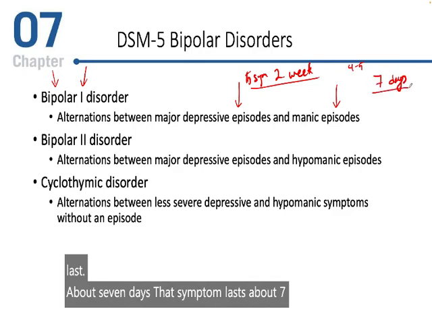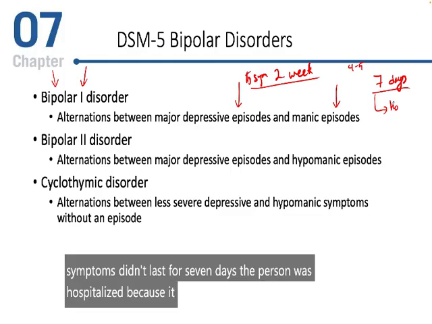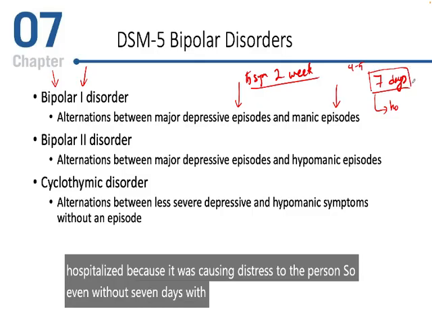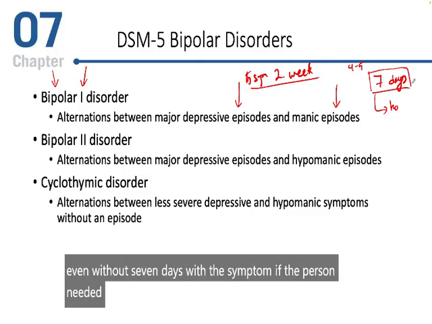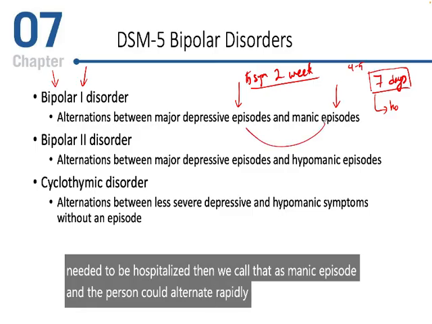If the symptoms didn't last for 7 days but the person was hospitalized because it was causing distress, then even without 7 days, we call that a manic episode. And the person could alternate and rapidly cycle through these 2 episodes.